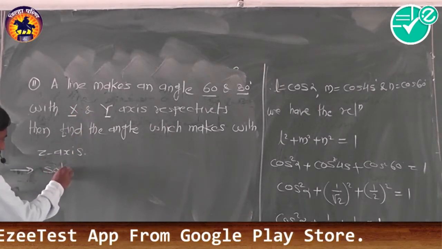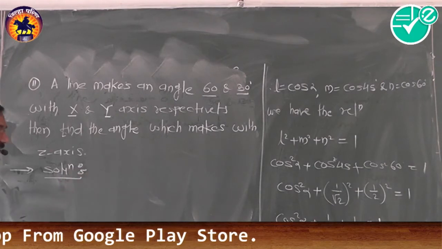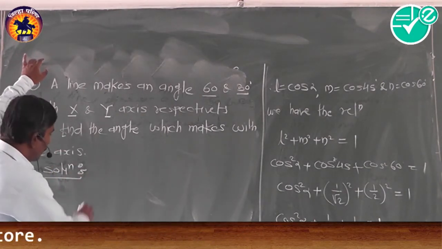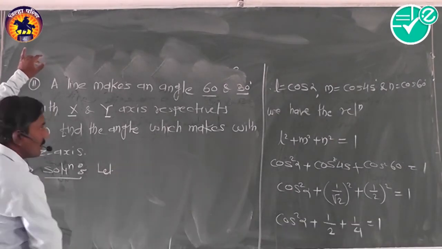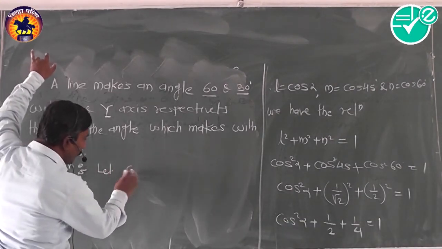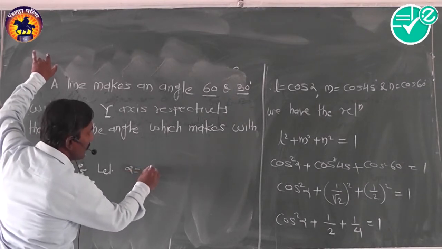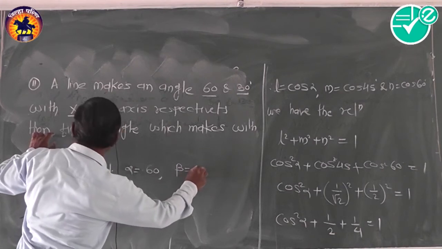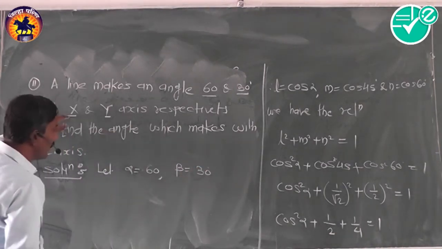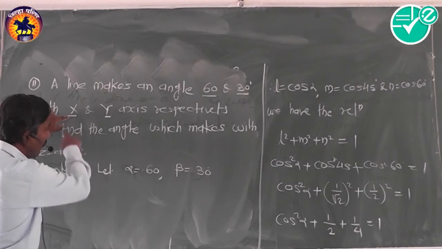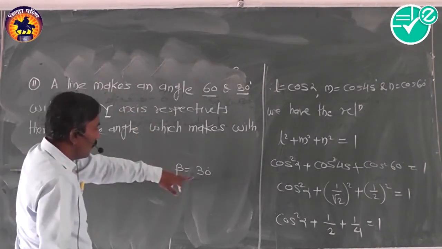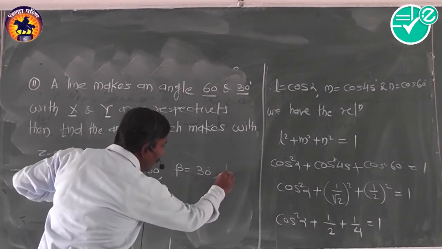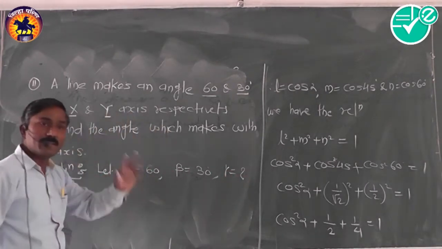Solution for CET or JEE, how it can be solved shortly, we can see here first. Here alpha is equal to 60 degree, beta is equal to 30 degree, because the line makes angle alpha with the x-axis, beta with the y-axis, and we have to find gamma, the angle with the z-axis.